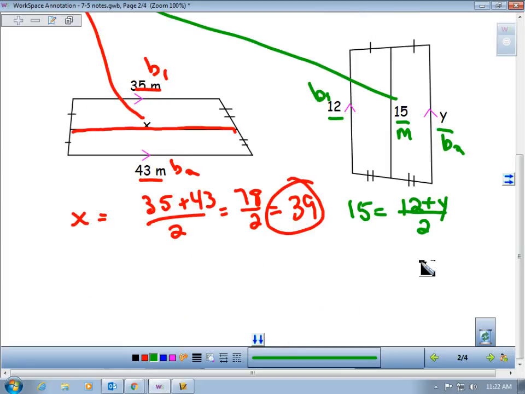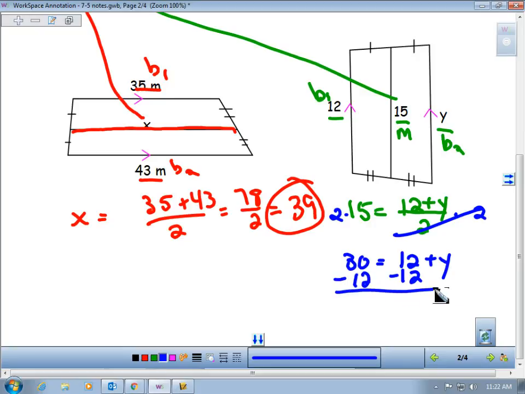What are you going to do here to solve? Yeah, let's multiply both sides by 2. Let's get rid of that fraction. So that's what? 30 equals 12 plus y. Subtract 12. We get y equals what here? 18.